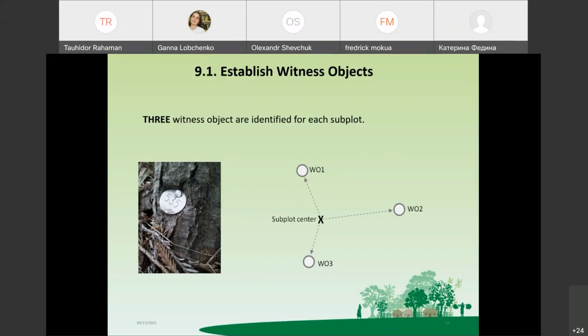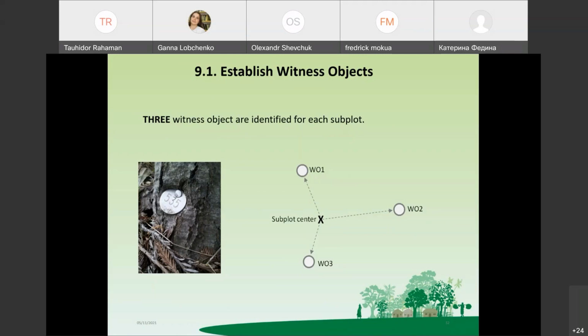So later on, if we want to visit those plots again, it's very important to find the exact pinpoint location of the subplot. Otherwise, we will not be able to compare with the previous data. That is why we usually take key witness objects. It's some sort of triangulation.